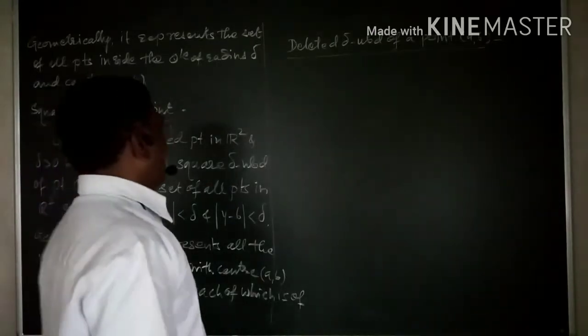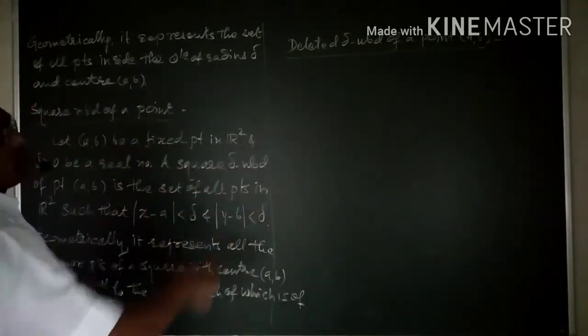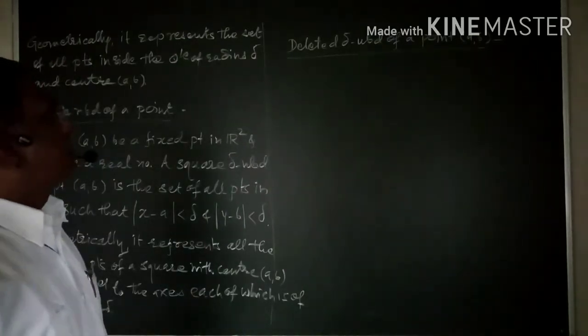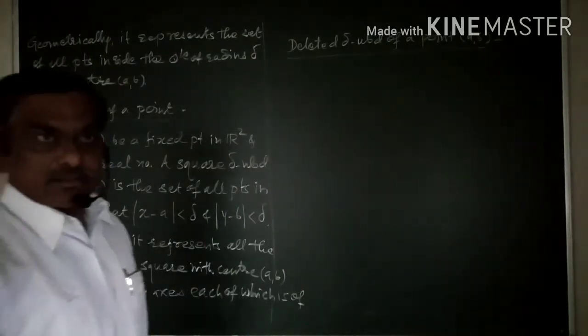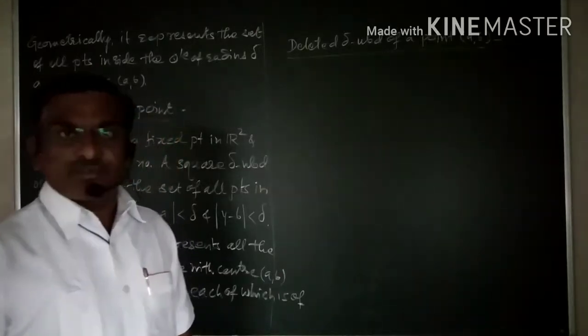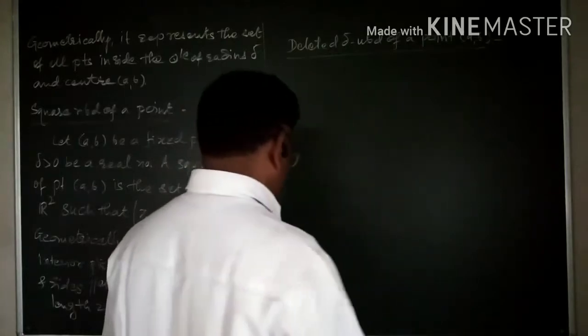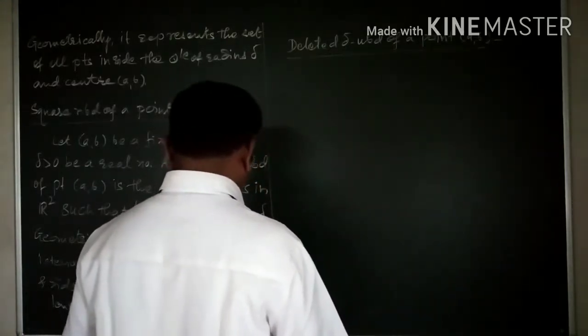And the first two definitions, circular neighborhood and square delta neighborhood, are used to define continuity of function of two or more variables.